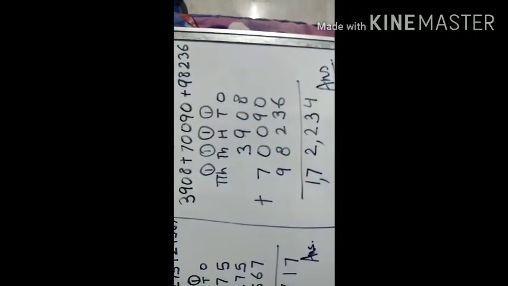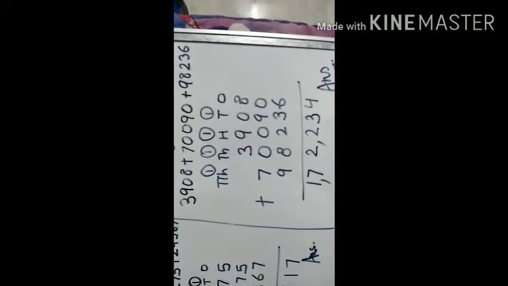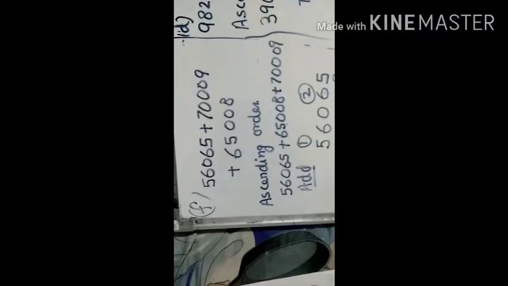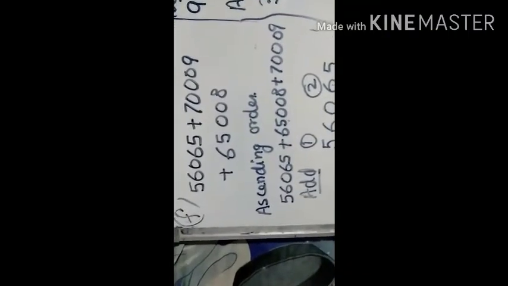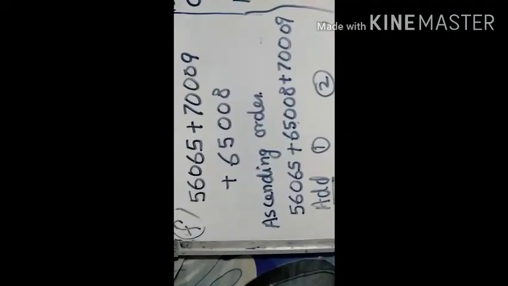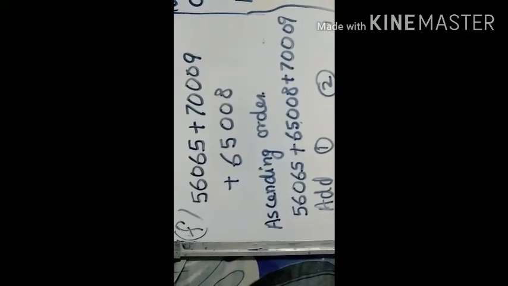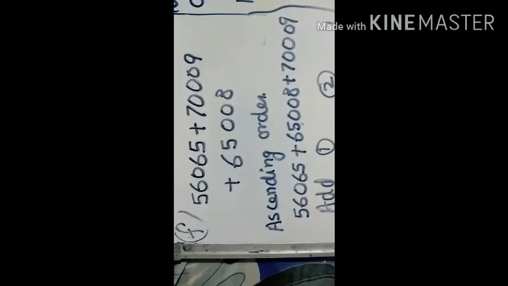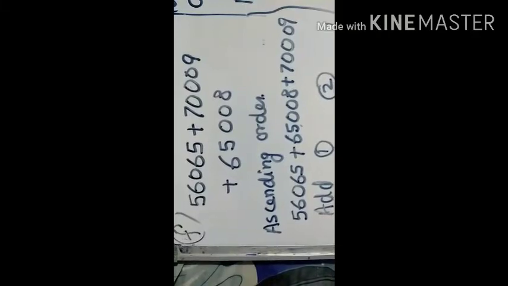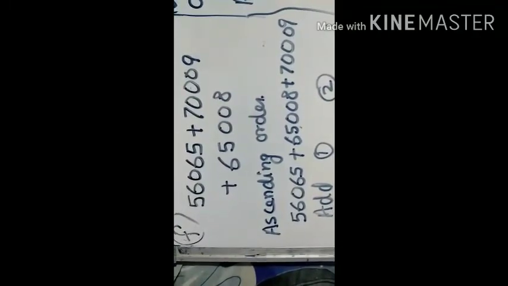Okay children, now let's do the last sum, that is question number F. Question number F says 56,065 plus 70,009 plus 65,008. When we are arranging in ascending order, which one is the lowest one? 56,065.